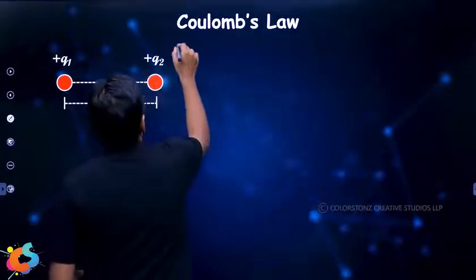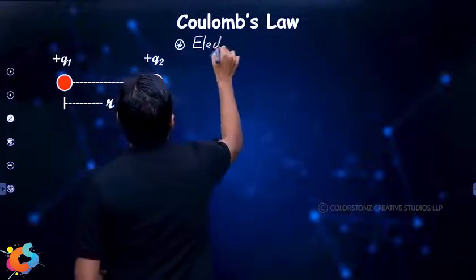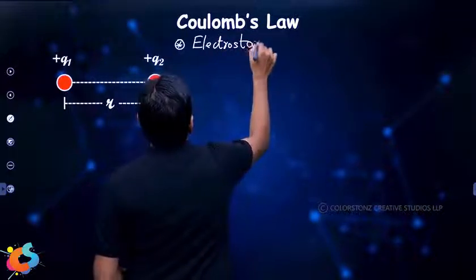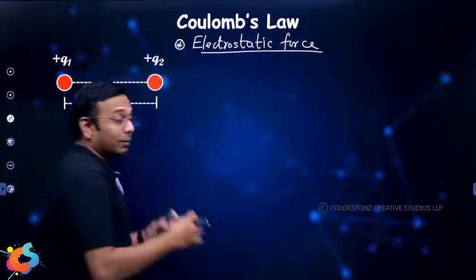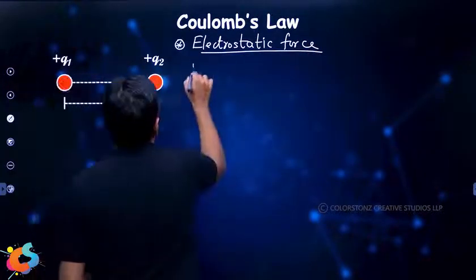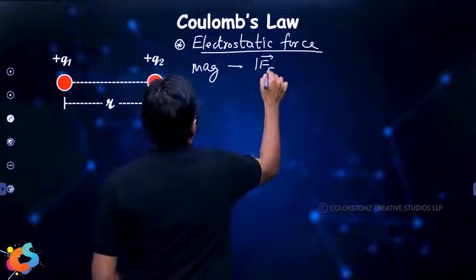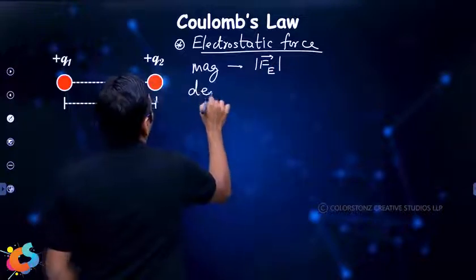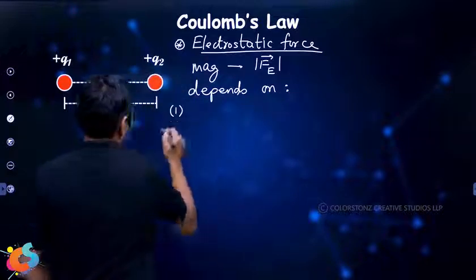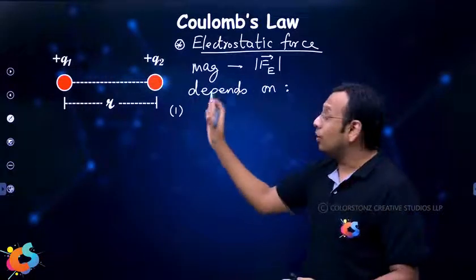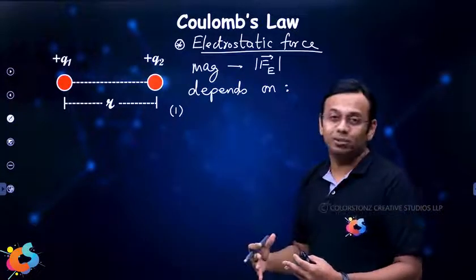So the magnitude of the electrostatic force between these two particles, Fe, depends on two factors. The first factor is the magnitude of both the charges, which can be combined, and we can say the product of the two charges.